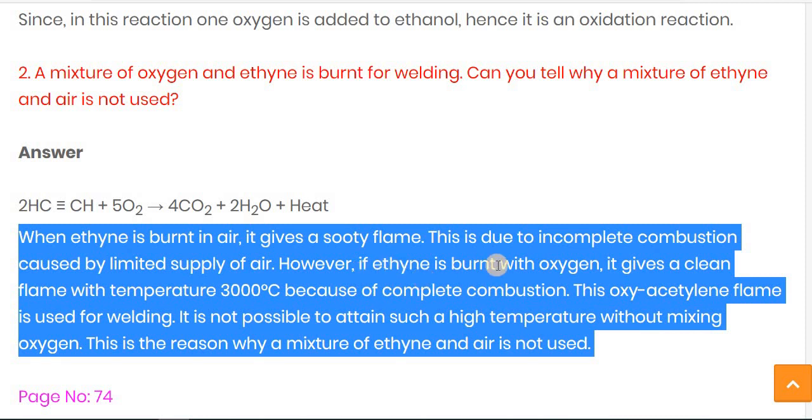But if ethyne is burned with oxygen, it gives a clean flame with a temperature of 3000 degrees Celsius because of complete combustion. This oxyacetylene flame is used for welding, and it is not possible to attain such a high temperature without mixing oxygen. This is the reason why a mixture of ethyne and air is not used.